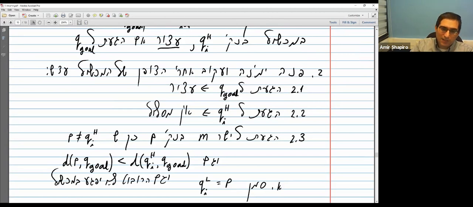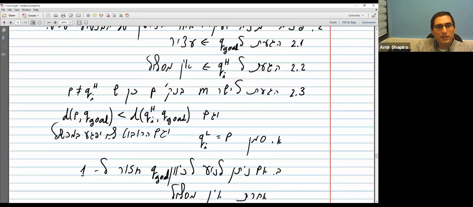If you hit the line M again at a point P, such that P is not the hit point, and also the distance to the goal at P is smaller than at the previous hit point, then you mark P as the new leave point.